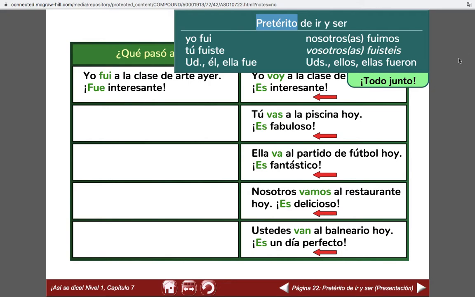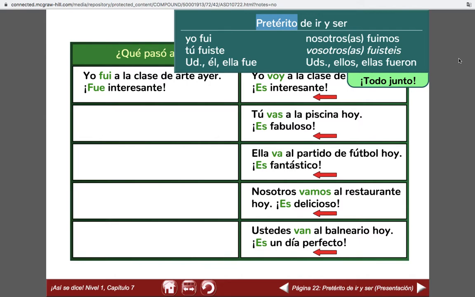Okay, so the main thing to know about this is that as opposed to the imperfecto, which you use for what could be considered a process, a habit, or some sort of routine in the past, where the time when it happened is not important, what's important is the description of the experience.